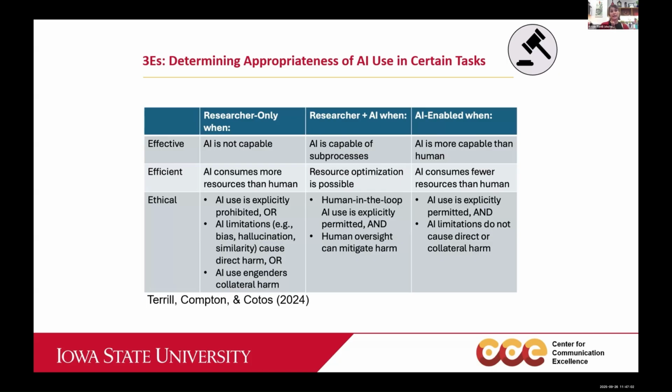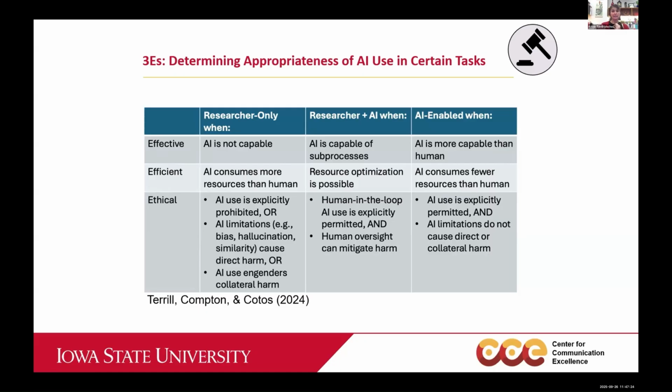A researcher plus AI case might involve human in the loop or human oversight, if AI use is explicitly permitted, so it's not forbidden, then you could say, yeah, that's researcher plus AI. And if human oversight can mitigate harm, that would also potentially rationalize using AI.